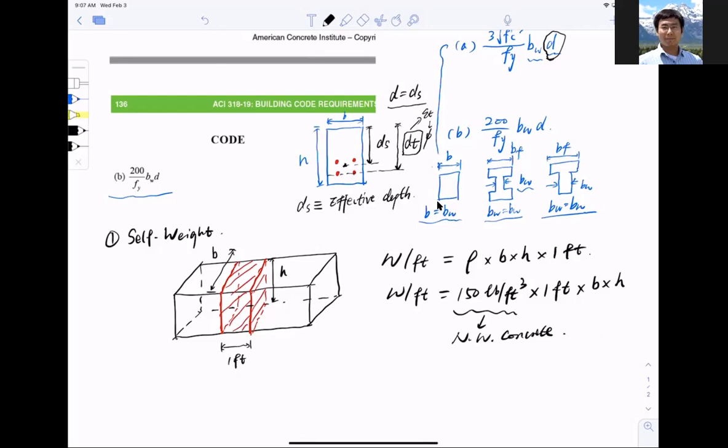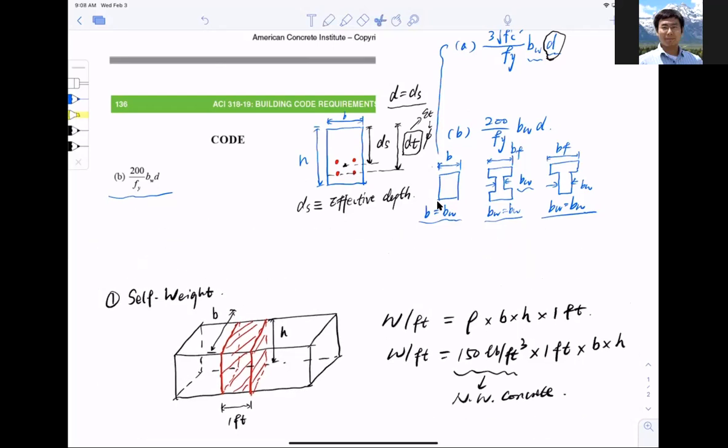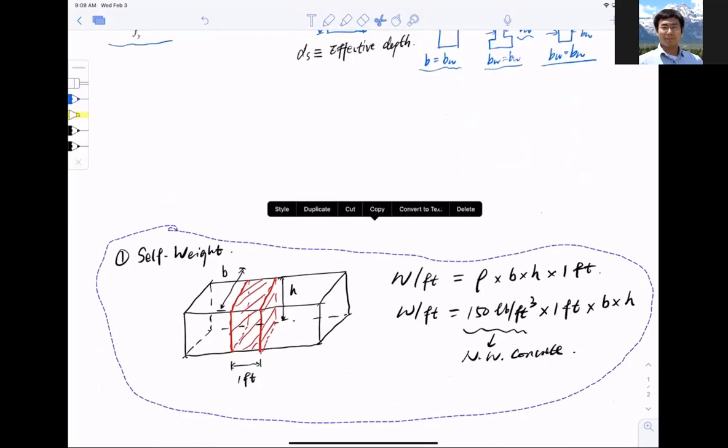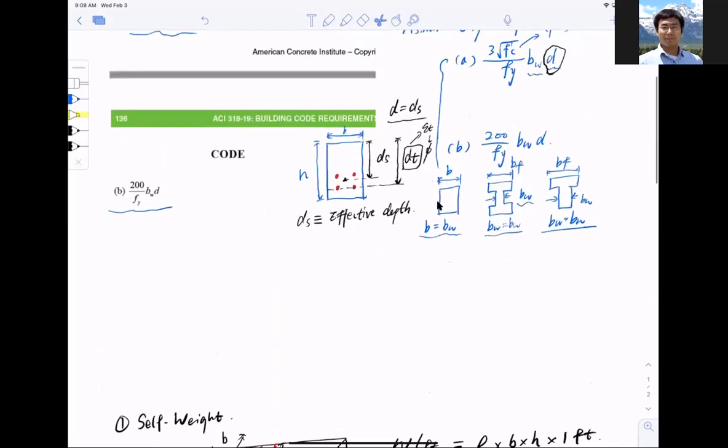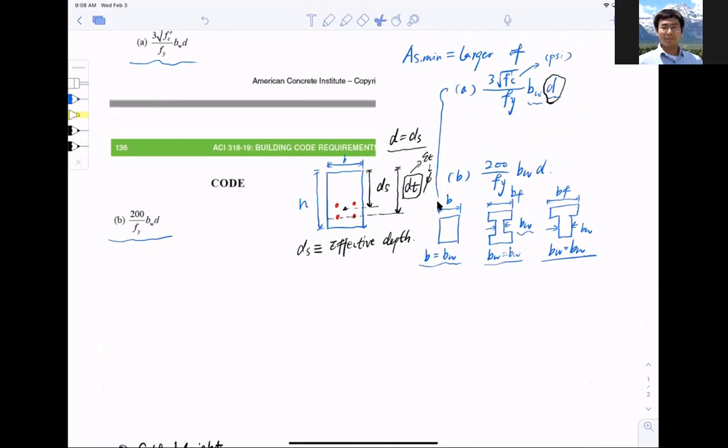So this is about minimum reinforcement. Now what are we going to do about this minimum reinforcement? That is once you have calculated the section capacities. For example, if I give you this is As, you simply have to make sure As, or we call it As provided, has to be bigger or equal than As min.